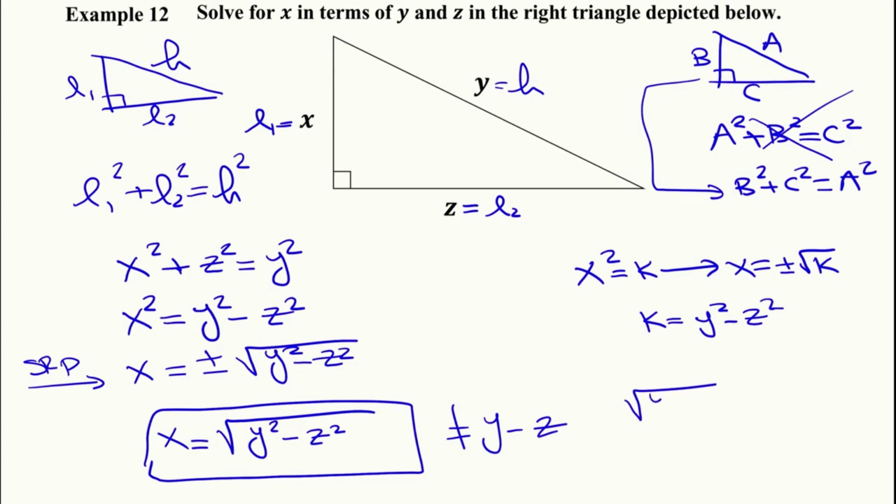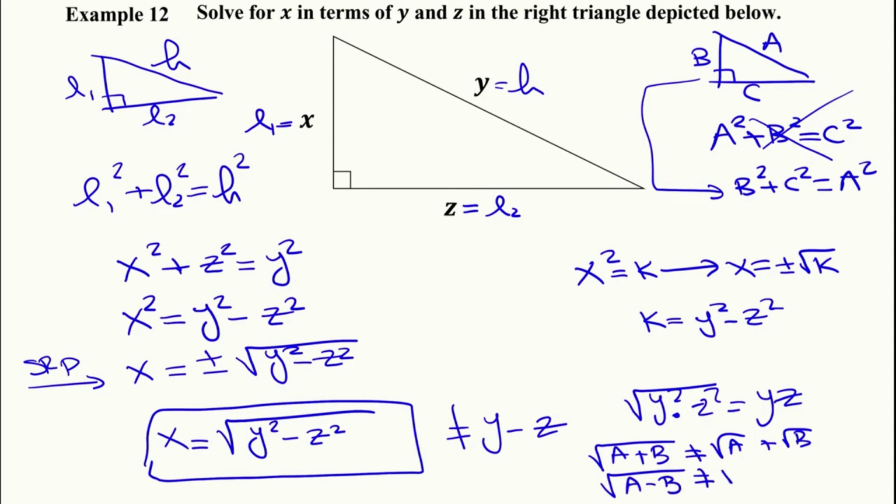If you had the square root of y squared times z squared, you could say that's yz, but the fact of the matter is that the square root of a sum is not the sum of the square roots. It just does not work that way. And nor does the square root of a difference equal the difference of the square roots. Both of these are dissimilar to the case with multiplication and division. It works for them, but it doesn't work in these cases.